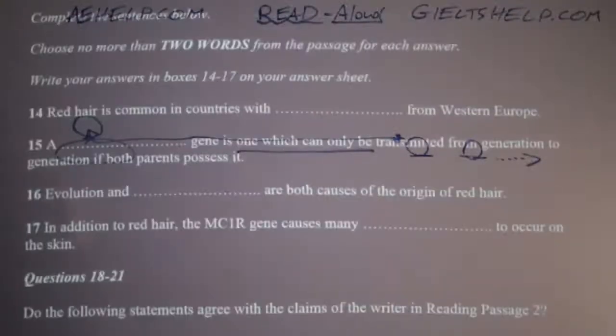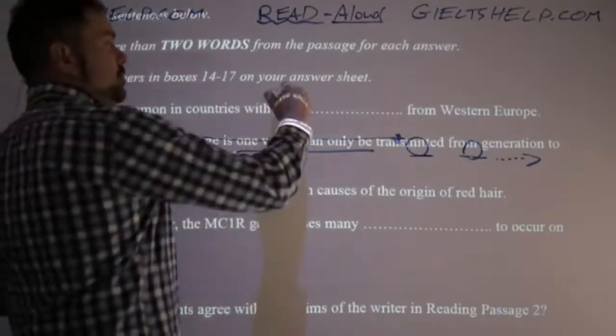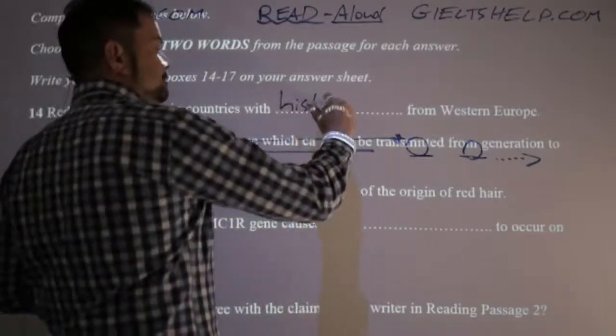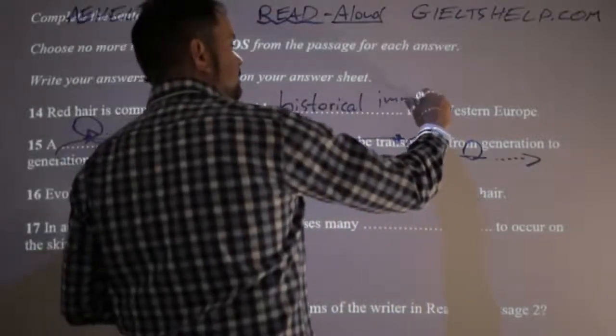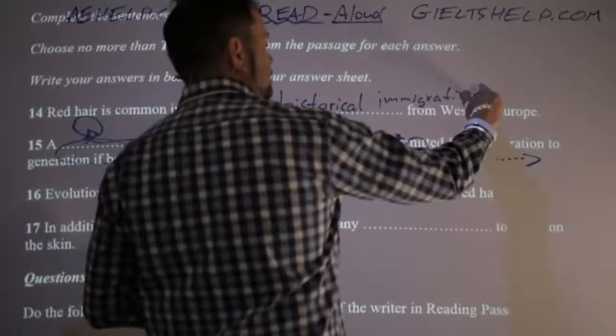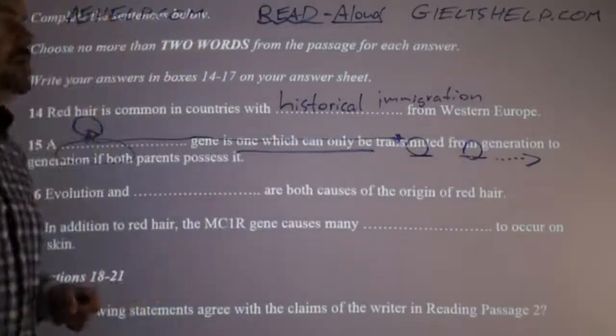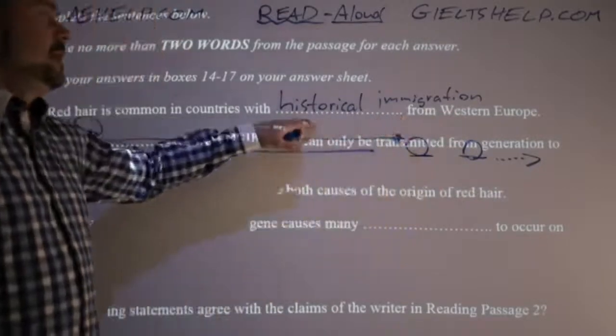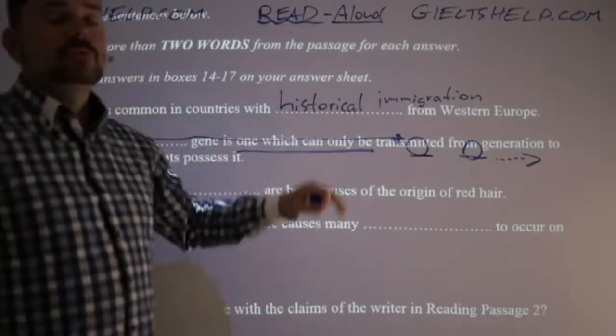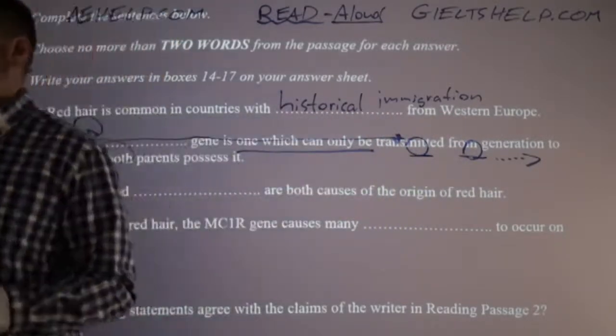And of course, be careful not to make mistakes. So I would actually take historical immigration from Western Europe. They will probably give it to you for just immigration, but historical immigration will get you the mark for sure.